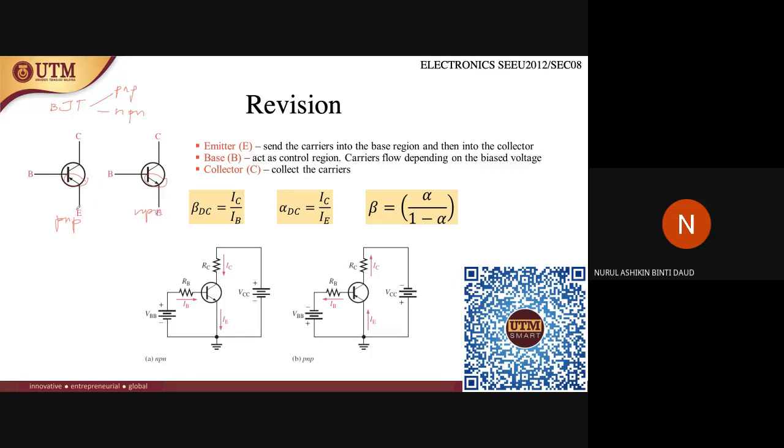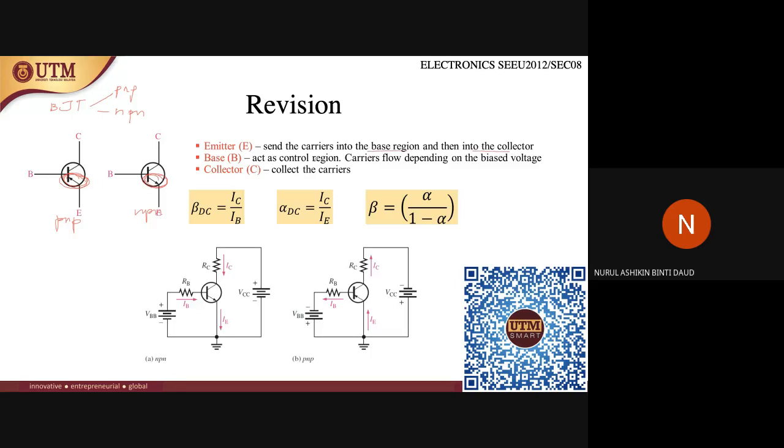So if you want to differentiate or analyze what type of transistor it is, please look at the direction of the currents at the emitter. Also, you have to know the function of the emitter, base and collector. The emitter sends the carriers into the base region and then into the collector.